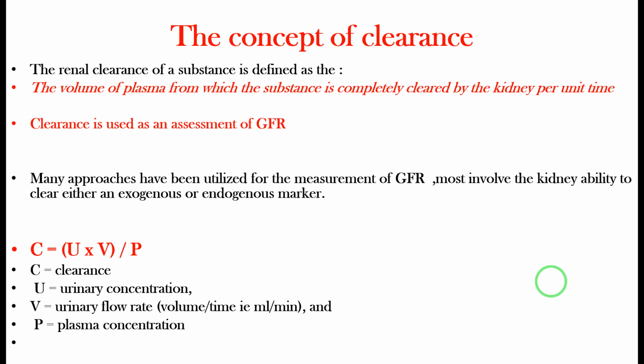So, for example, if I depend on the clearance of creatinine, then I must test the urine concentration of the creatinine and the volume of the urine, and then the plasma concentration also of the creatinine, and apply this equation. And for example, if the result is more than 90, it means he has a healthy kidney and the glomerular filtration rate is excellent.